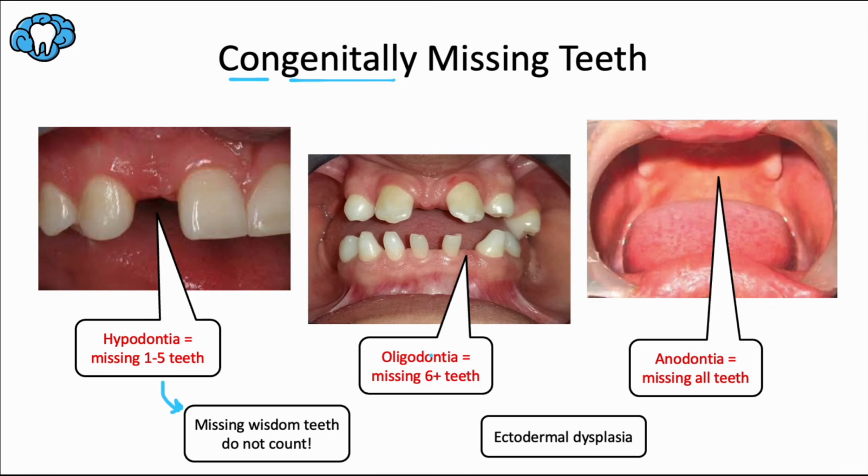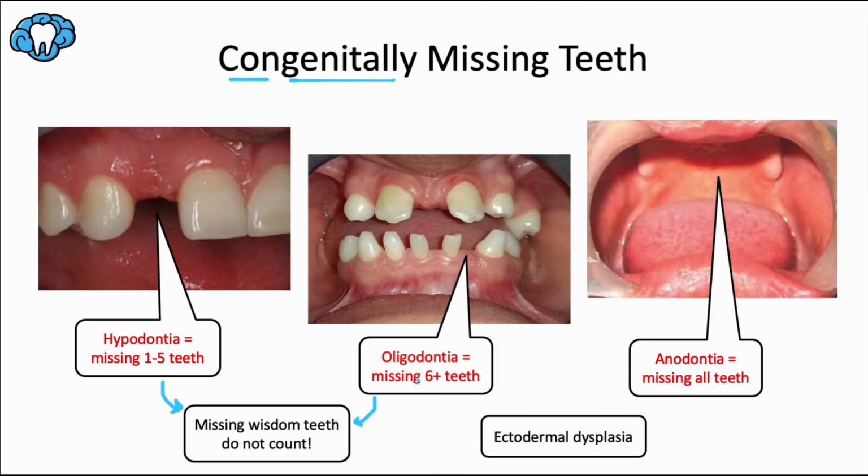Oligodontia is one step further, and it refers to the absence of 6 or more primary or permanent teeth. Once again, missing wisdom teeth do not count toward that total. Some resources misquote this definition as having more than 6 missing teeth, meaning 6 would actually fall under hypodontia.